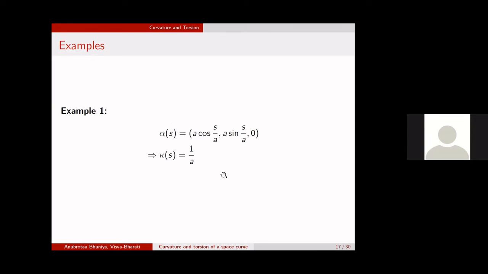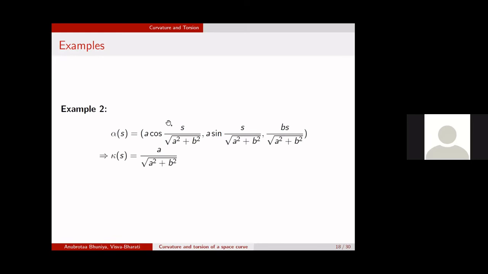5 minutes left. Okay. So kappa s for a plane curve, that is a circle, is given by 1 by a. And for this helix, it is actually a by root over a square plus b square. So if we want to get a certain curve just using this bending, we can't get it.